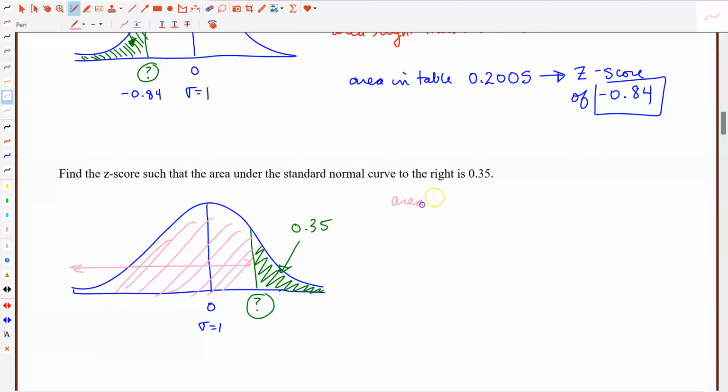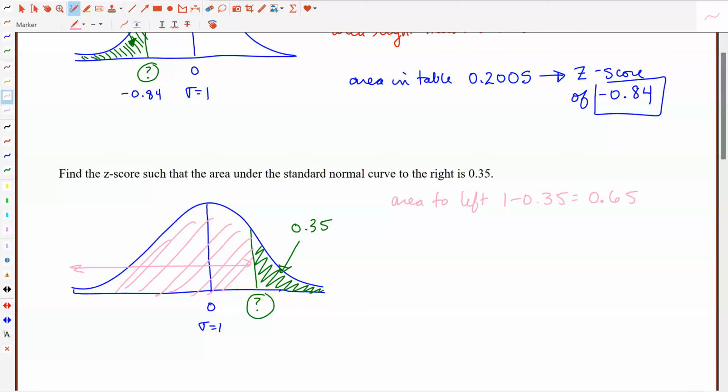So the area to the left would be 1 minus 0.35 or 0.65. So that's the value I'm going to start looking for in my table. What is the z-score such that the area to the left of it is 0.65? I expect that z-score to be positive, right? Because it's going to be to the right of 0 looking at my curve.